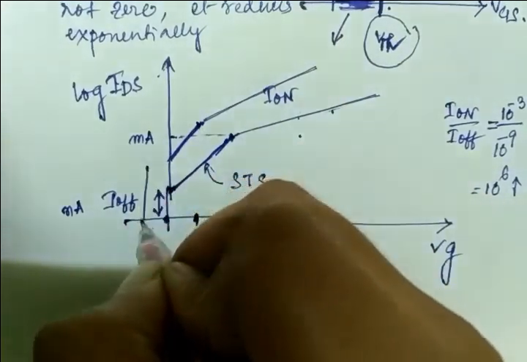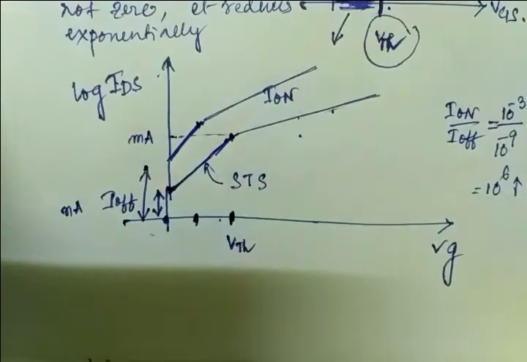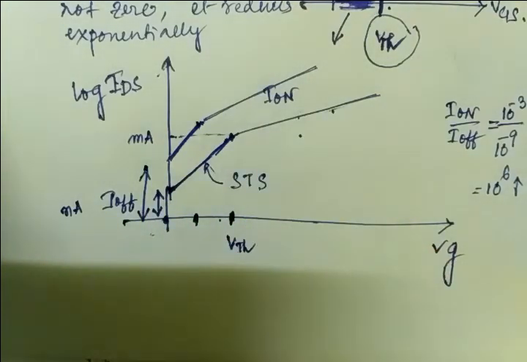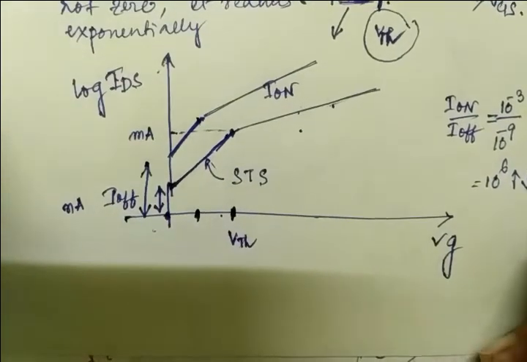Then the off current becomes this one. Got my point, right? So this off current increases, so obviously the overall ratio will decrease.